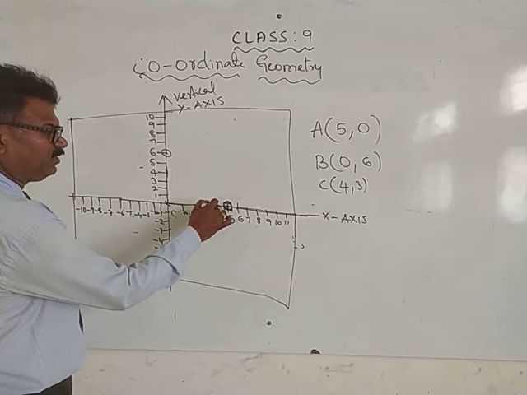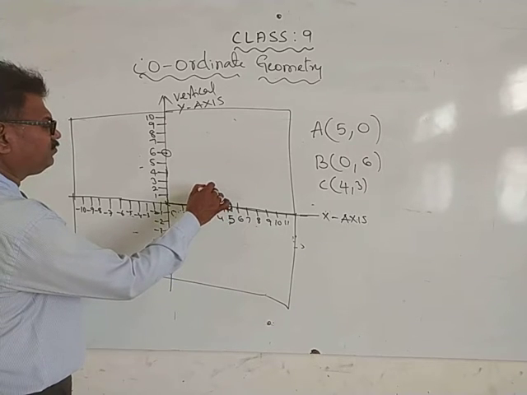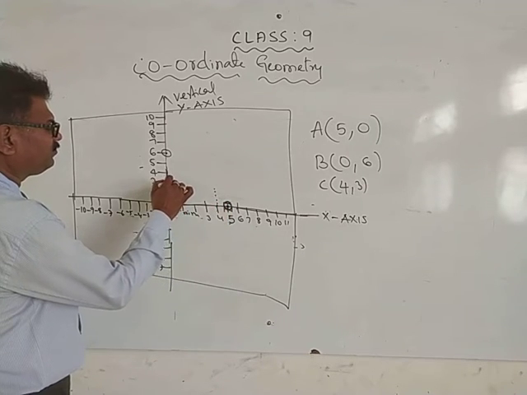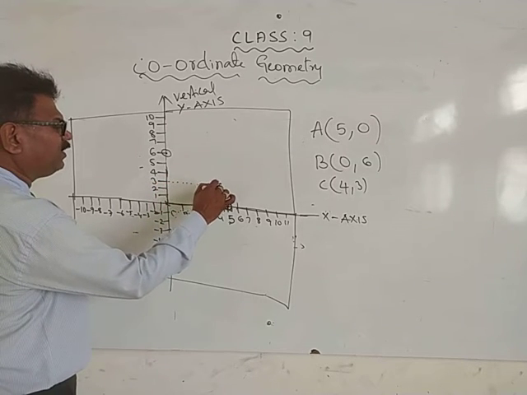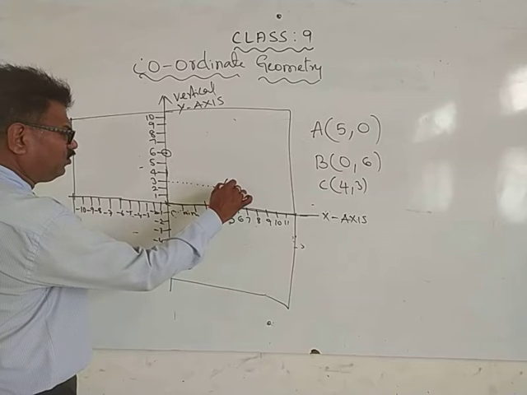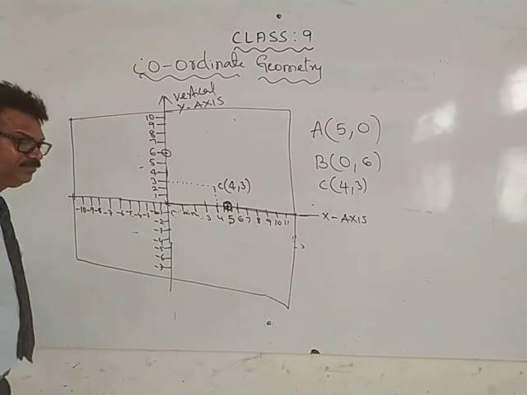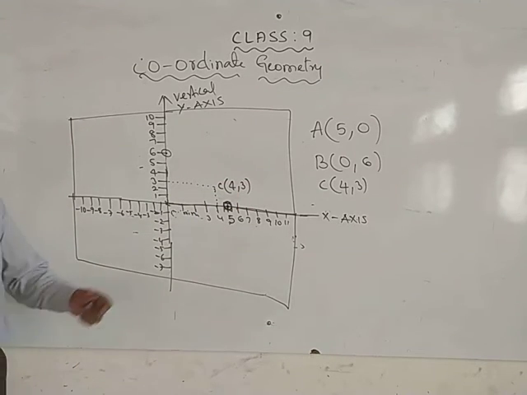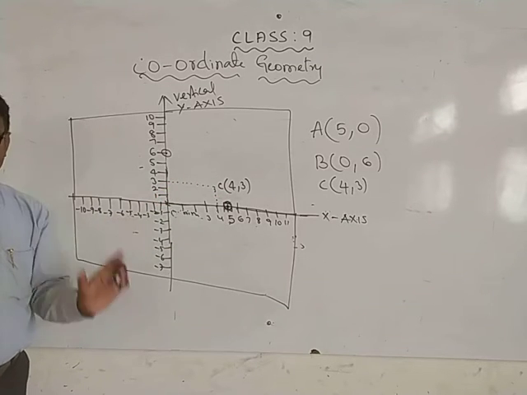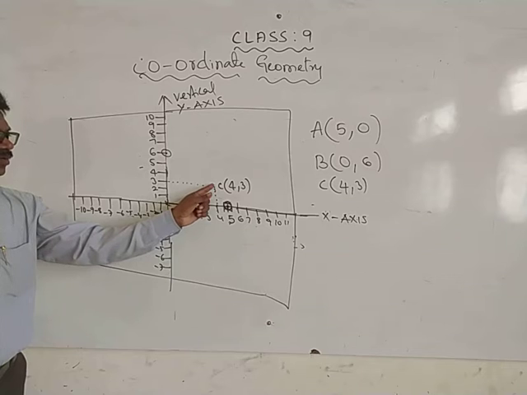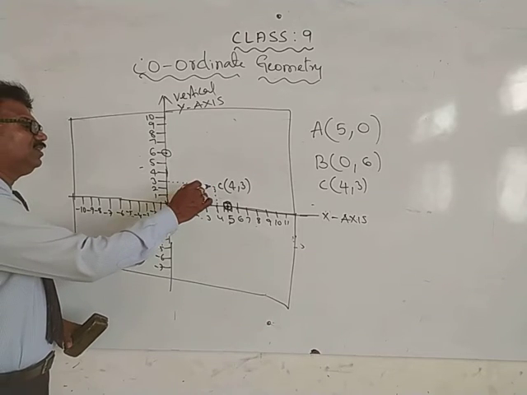Next 3. That's all. This is nothing but C, 4, 3. If you are not drawing these dotted lines, it is also correct. There is no problem. Only you have to mention the dot like this.